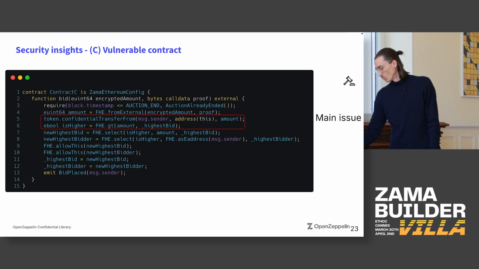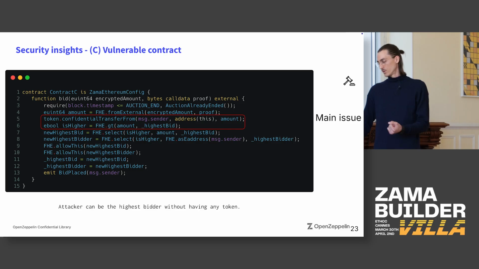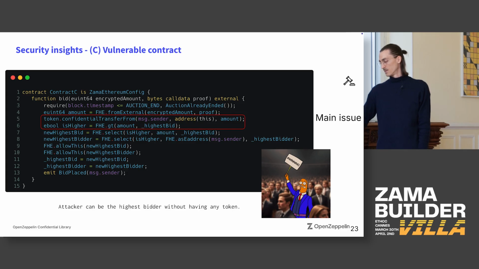The issue we have here is, as we already saw, at line 5 the contract transfers tokens from the sender to itself. But this contract isn't checking what has actually been transferred. So here, even if the message sender doesn't have any tokens, if the requested amount is the highest, then the message sender will be registered as the highest bidder.